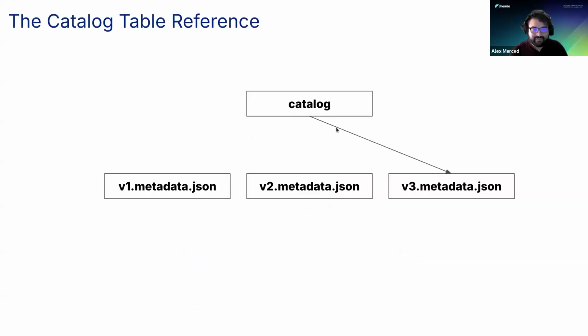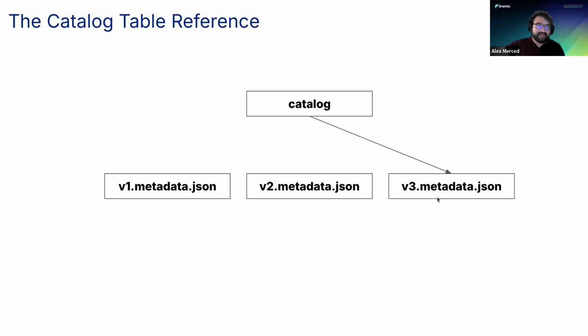So again, bottom line, a catalog is just telling you what the right metadata.json is, because every time an Iceberg table changes, a new metadata.json is created. I create the table, a new metadata.json. So for example, this is maybe the table creation. Maybe I inserted some data, so that's V2. Then maybe I inserted some more data, that's V3.